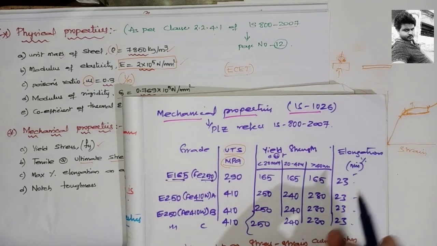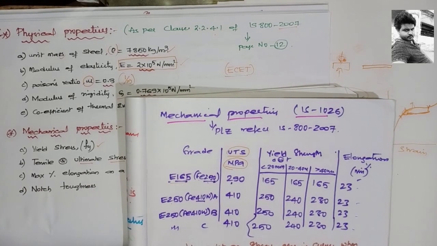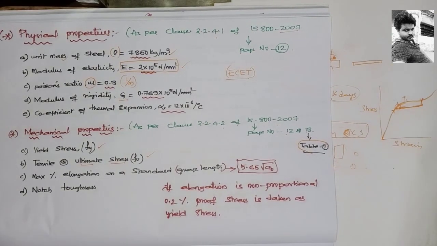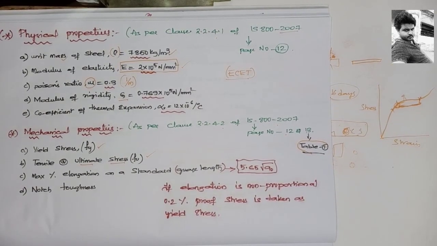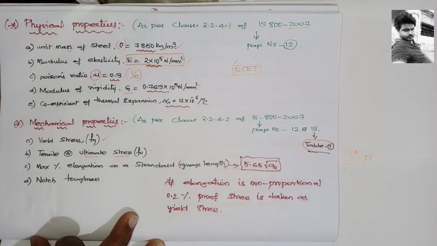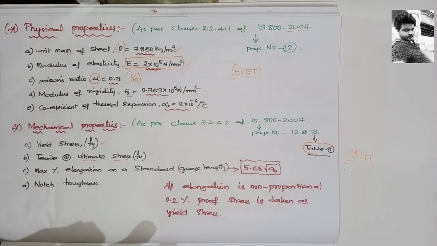And how to calculate the maximum percentage of elongation? This will be very interesting. I think you have studied the universal testing machine in your material testing laboratory. In that you can determine the compressive strength and the tensile strength of test specimens.